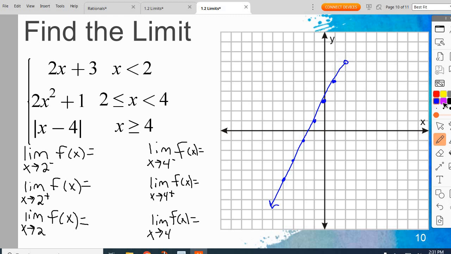Now, what does the second piece of my graph look like? A quadratic, specifically a quadratic that has been stretched by 2. Yep, it's also been shifted up 1, right? So my vertex would be here. We would go over 1, up 2, over 2, up 8. Then we would go over 3, up a bunch, okay?